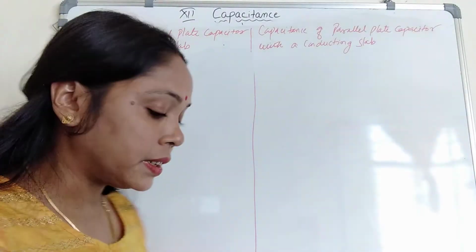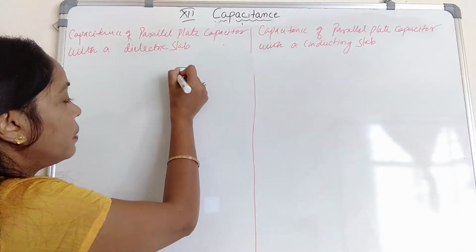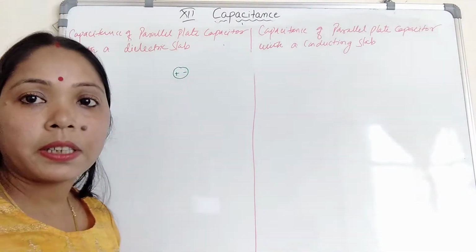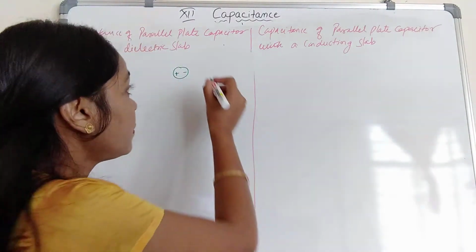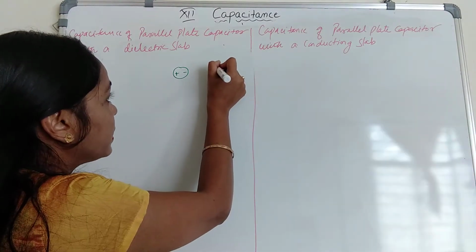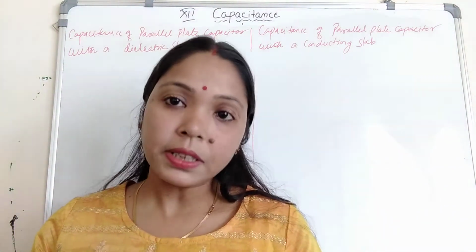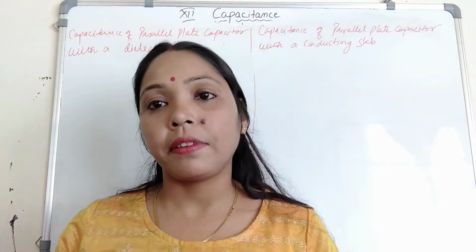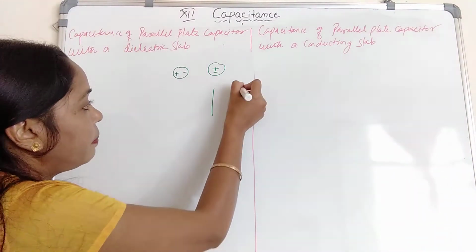Now if you take the example of polar or non-polar molecules, we know that polar molecules are those in which negative and positive are separated, which have a permanent electric dipole. But in non-polar molecules the positive and negative coincide and they have no permanent electric dipole moment.